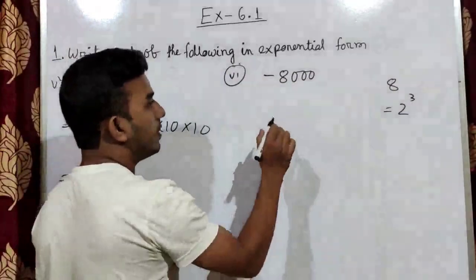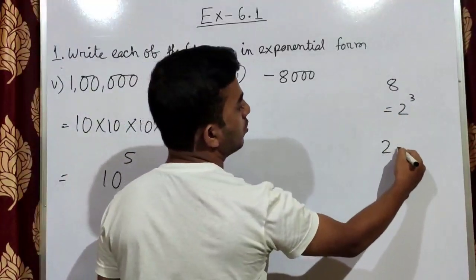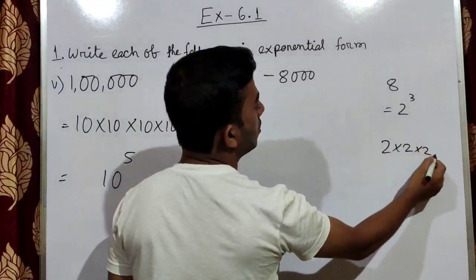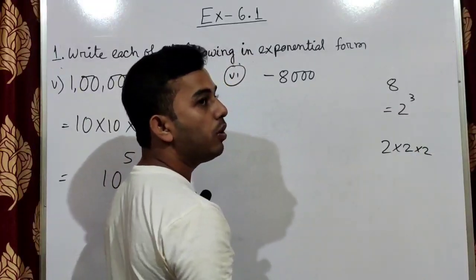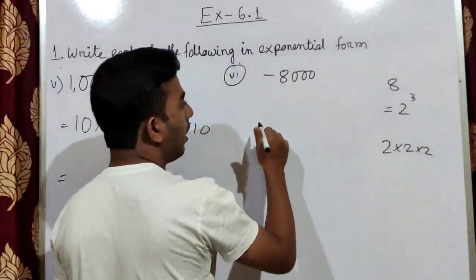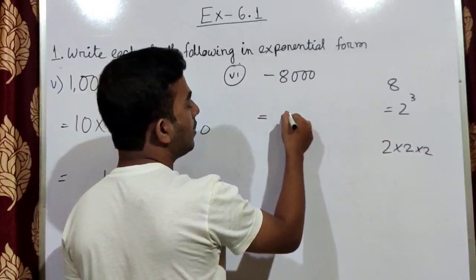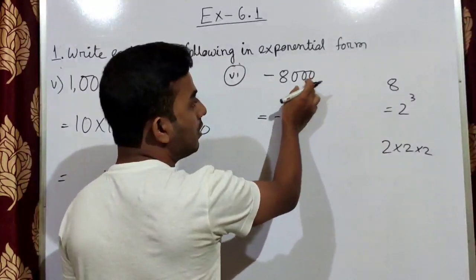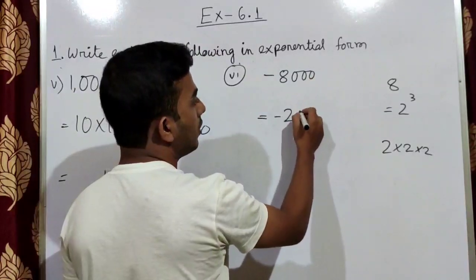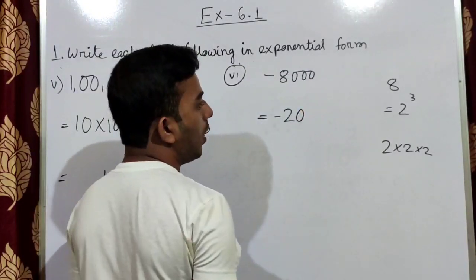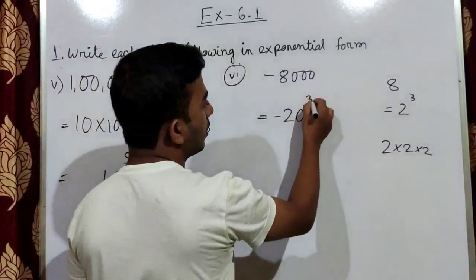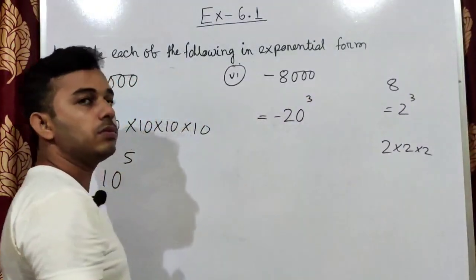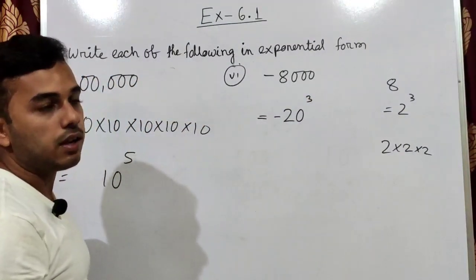Yes, we can express 8 as 2 cube, because 2 into 2 into 2 is 2 into 2 is 4, 4 into 2 is 8. Clear? Up to this. Okay. Now we will write minus 2. Now there are 3 zeros, right? 3 zeros. So we will give 10, then whole cube. Clear?